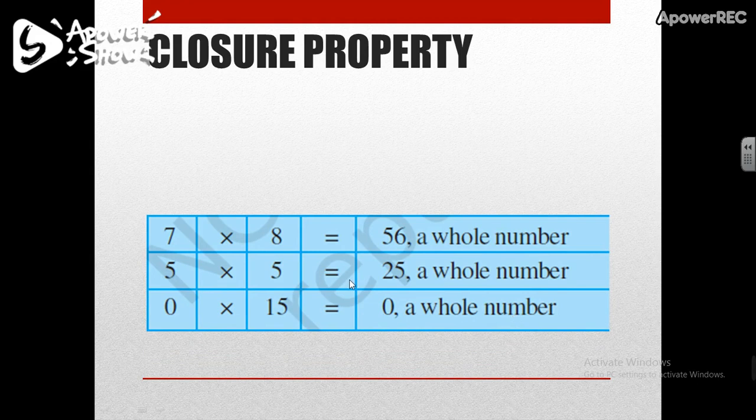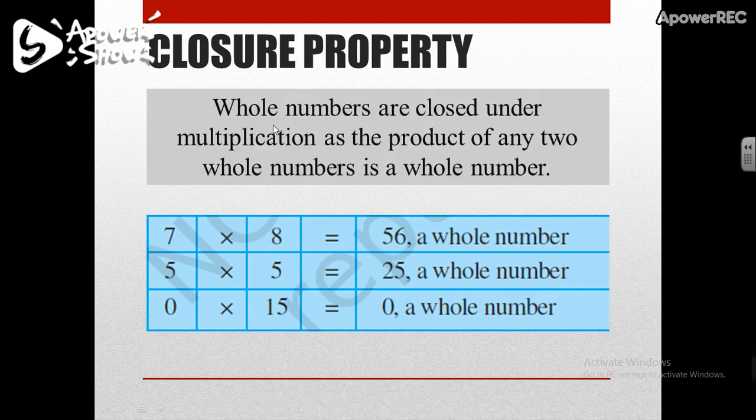So in case of multiplication, after multiplying any two whole numbers, the result is again a whole number, which means whole numbers are closed under multiplication. Why? Because the product of any two whole numbers is a whole number.